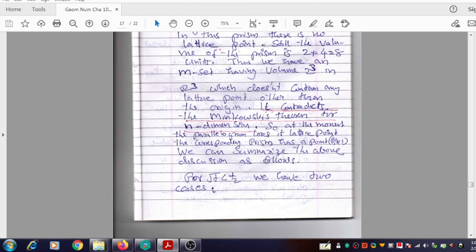Applying Minkowski's theorem for n dimensions, we know that there exist lattice points other than the origin, but that lattice point cannot be present in the cross section of the prism with the XY plane.